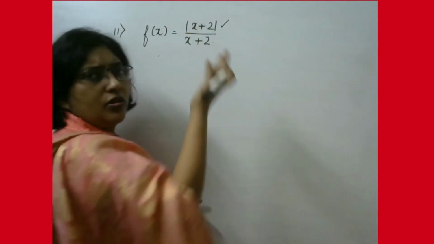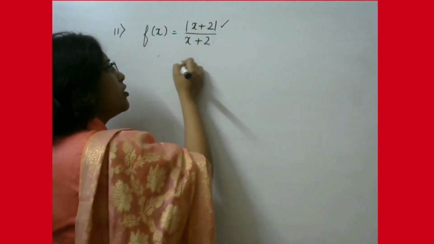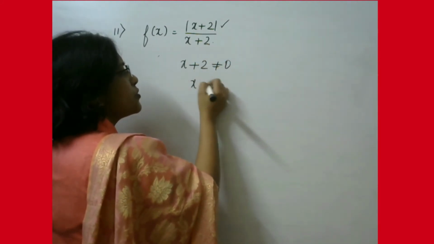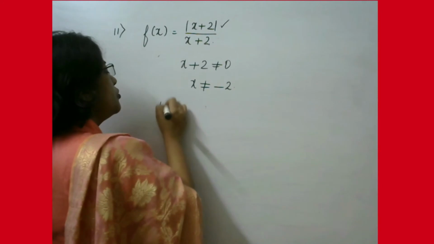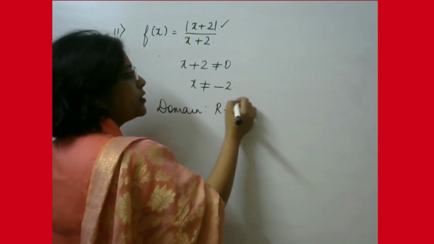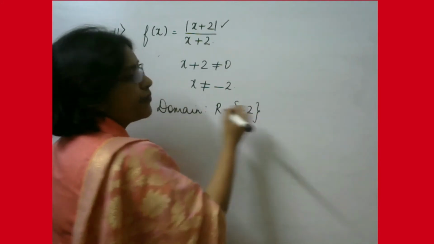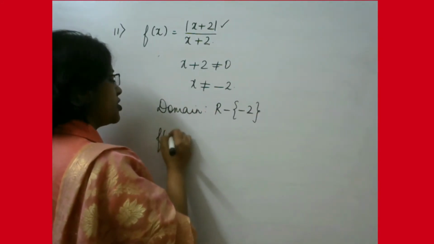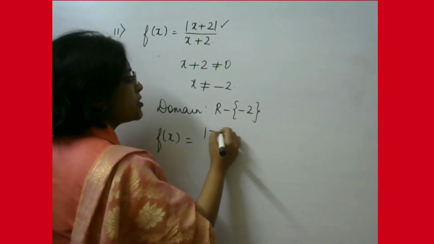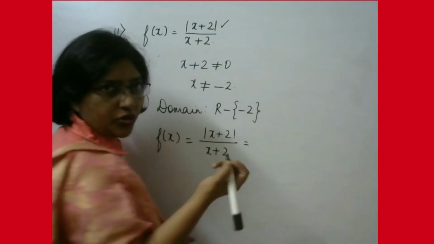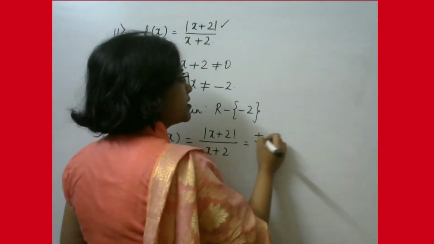So here, all real numbers are allowed, but for the denominator, we notice that it should not be 0, and so minus 2 is not allowed. The domain becomes all real numbers except minus 2. Now for the range, since the function is modulus x plus 2 over x plus 2, if we remove the modulus sign, we would write plus minus.